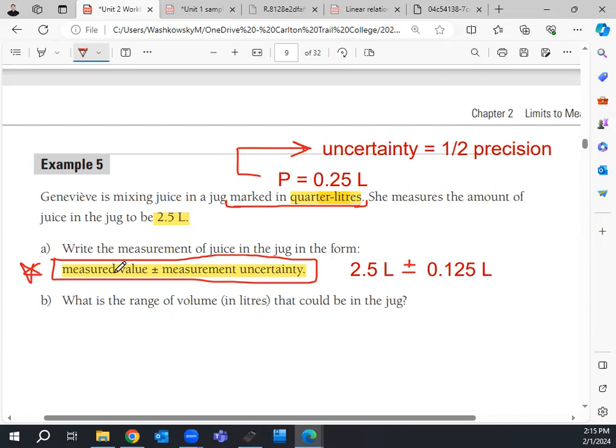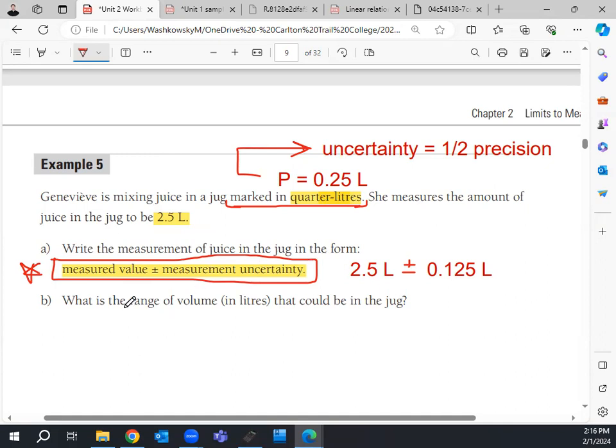But you can just think about it: what's the measurement and then half of the precision. So that is not something you will be given directly on your formula sheet. They might give this to you on your final. I will need to go back and look again. Just so you know, your final exam is going to be multiple choice as well. So that'll probably help jog your memory. But anyways, that's the measurement.